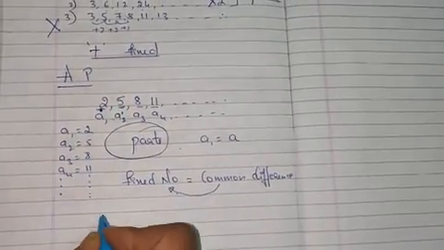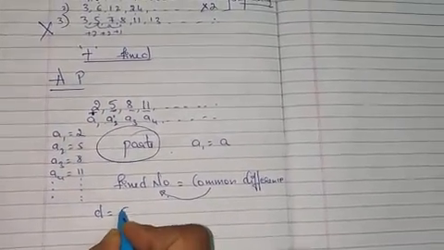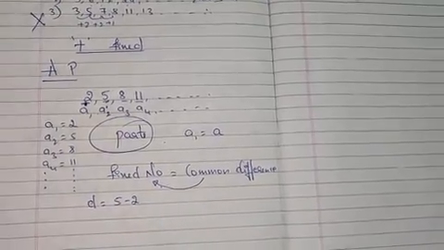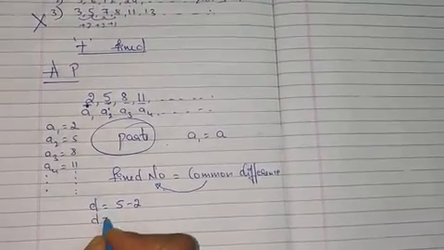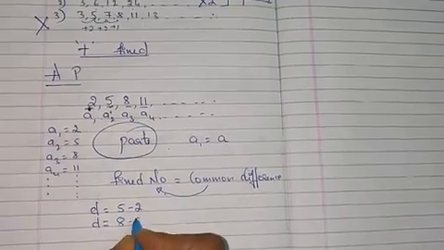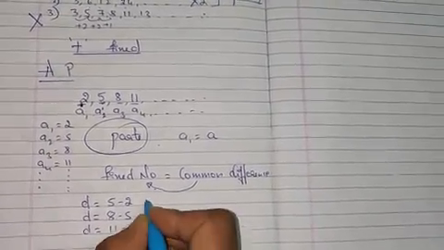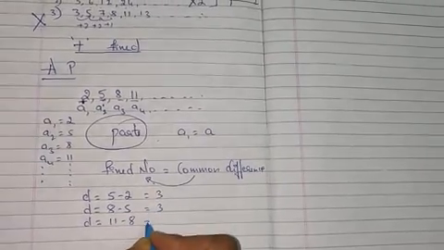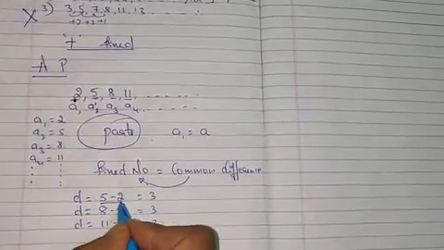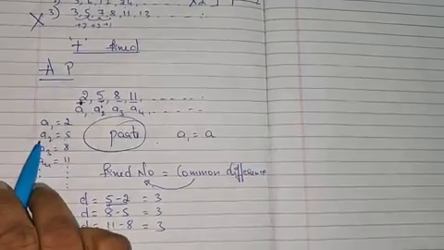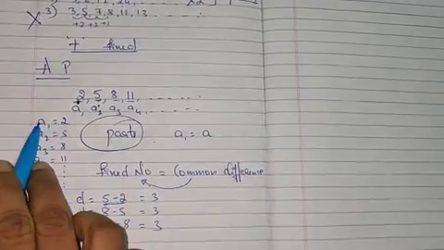So how to get this D? We get D by subtracting 5 minus 2. Is it the only method? No. We can subtract 8 minus 5 also, or 11 minus 8 also. Everywhere we get 3. What is 5 minus 2? 5 is A2. 2 is A1.